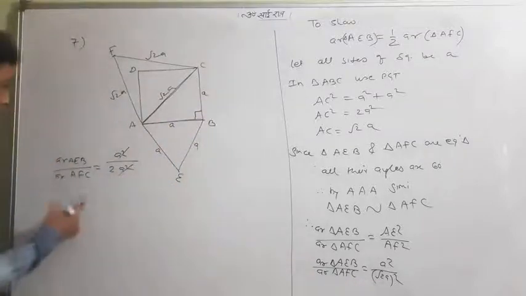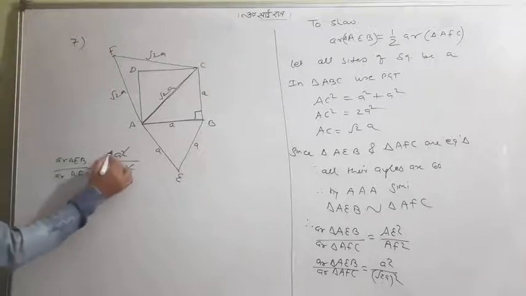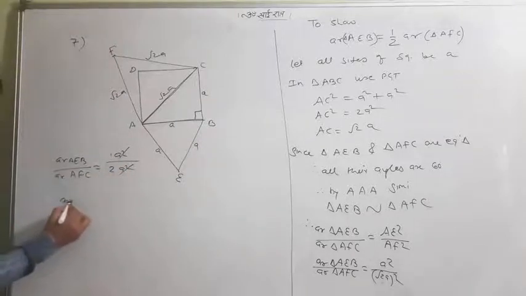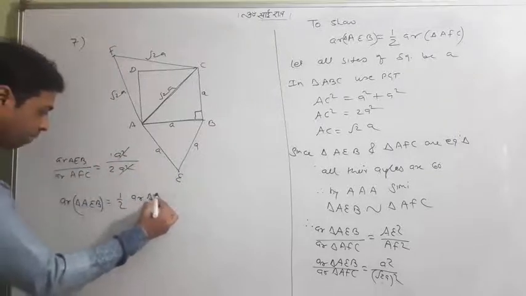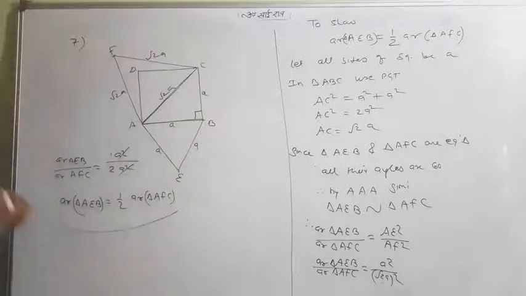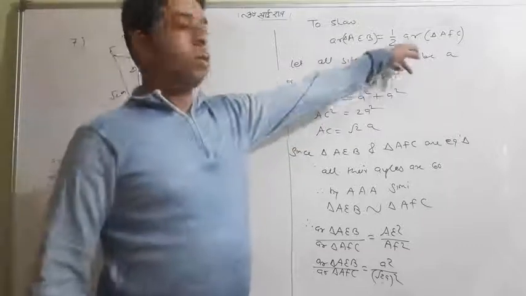The a squares cancel, and 1 upon 2 is remaining. So the area of triangle AEB is equal to half of AFC, which is what the question required.